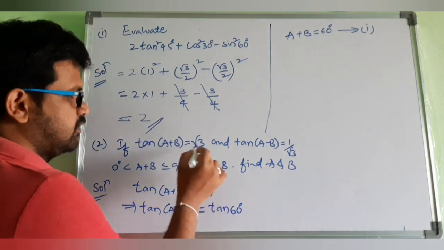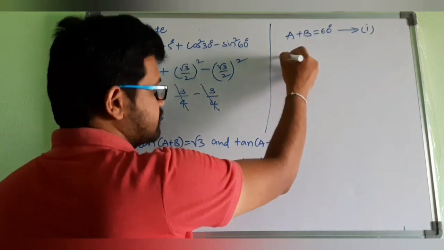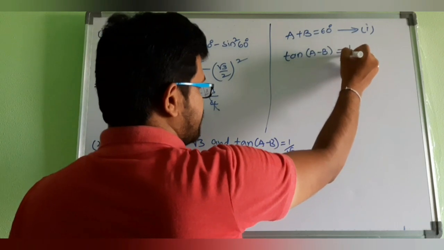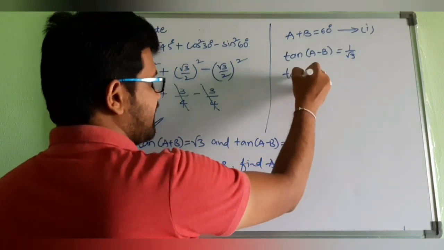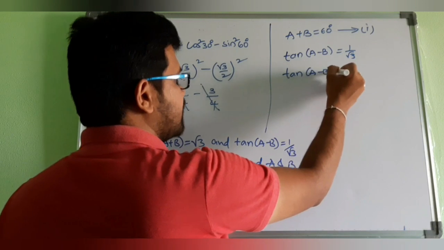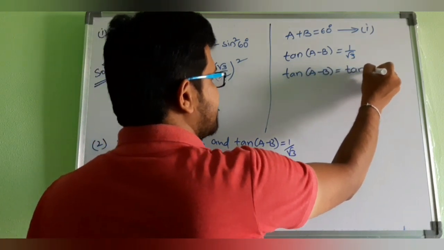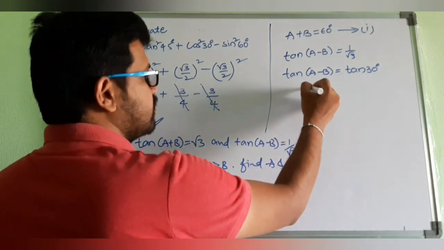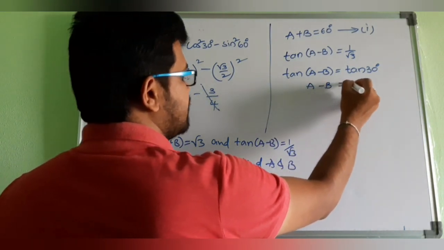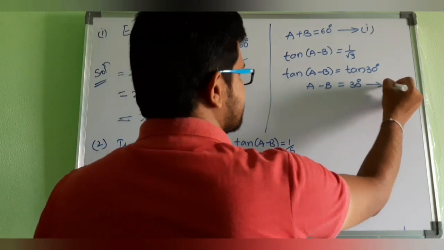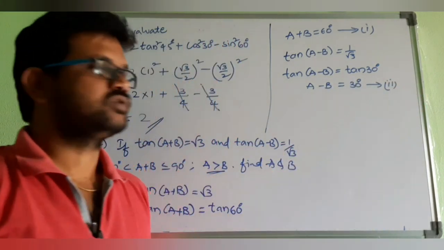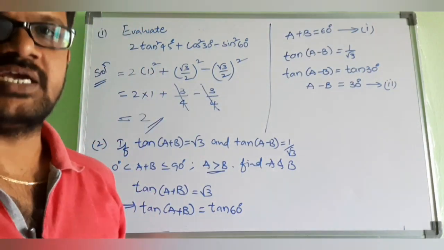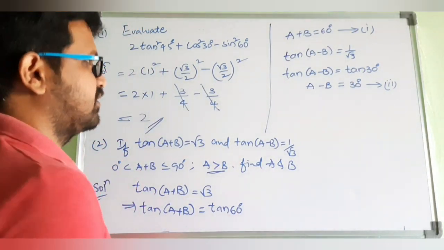And next, tan A minus B is equal to 1 by root 3. So tan A minus B is equal to 1 by root 3 means tan 30 degrees. Tan 30 degrees value is 1 by root 3. So now A minus B is equal to 30 degrees. This is equation 2. So solving 1 and 2, either you can add or subtract.